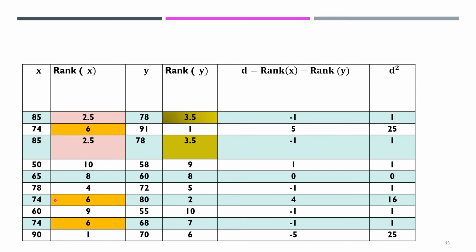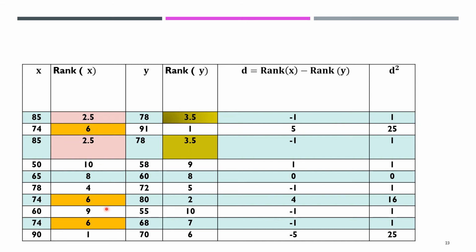There is a tie between the ranks 5, 6 and 7, because after the 4th rank, the next number is 74, and that 74 is occurring 3 times. So take the average of 5, 6 and 7, that is 5 plus 6 plus 7 divided by 3, which is 6.